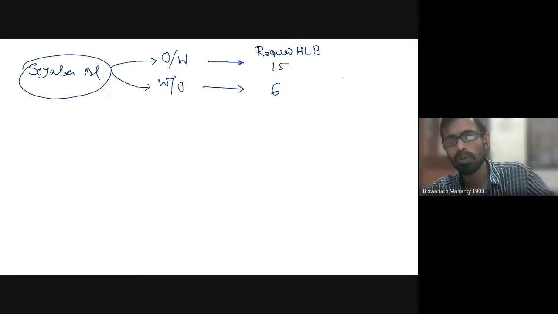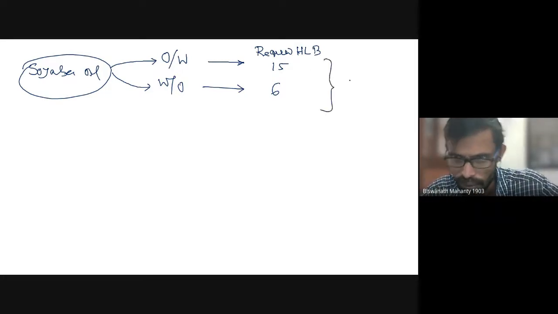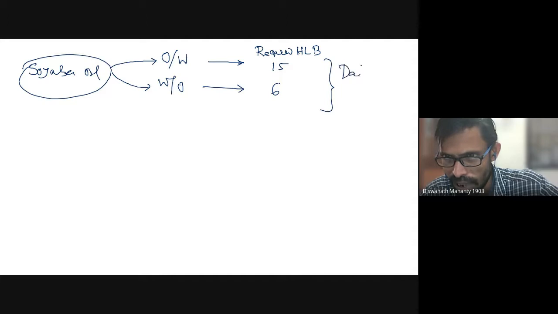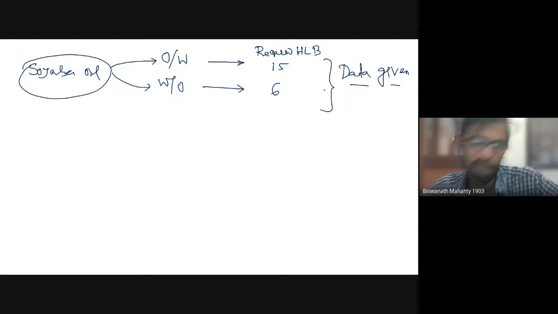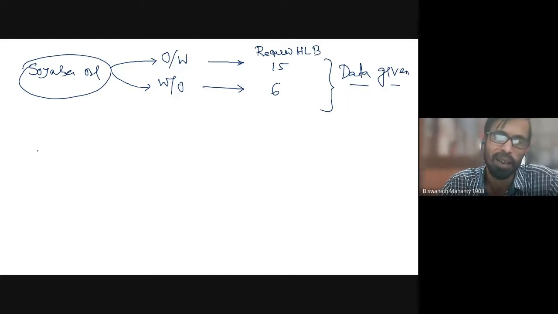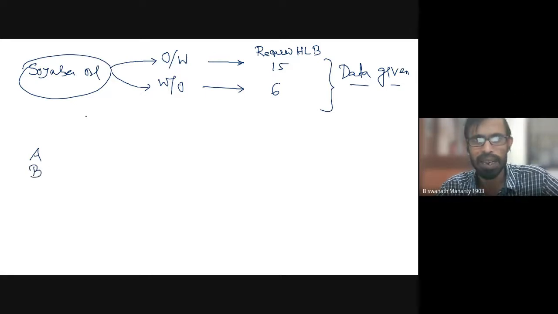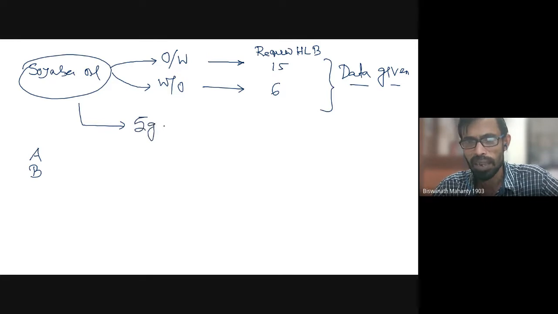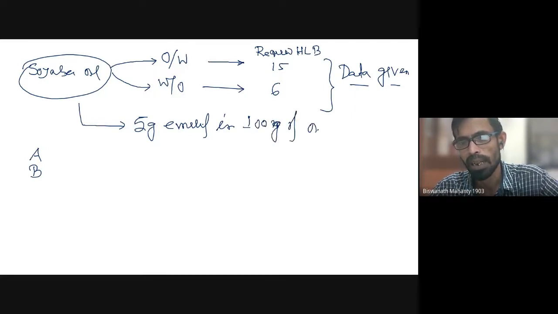Now, this is already provided from literature, the data is already there. Now the question comes: I have two emulsifiers, emulsifier A and emulsifier B. And I say, okay, I will use 5 gram of emulsifier in 100 ml or 100 gram of oil and some amount of water.